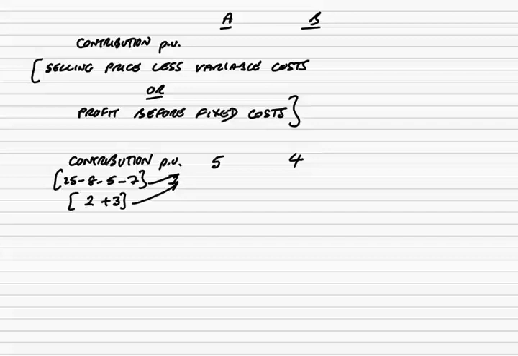But given our problem is the limit on the hours available, the way we'll choose between the two is we'll look and see how much profit we will generate for each hour that we work. And so what we do is we say how many hours each unit takes. So the machine hours per unit, straight from the question, A takes 2 hours, B takes 1 hour.